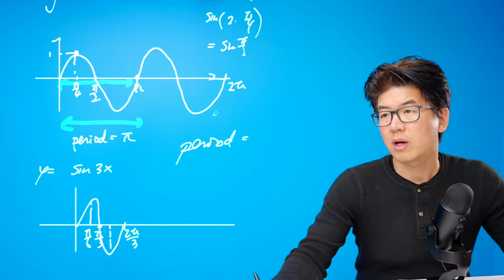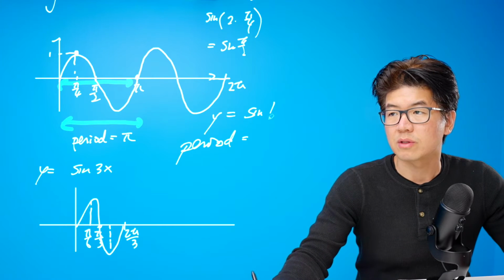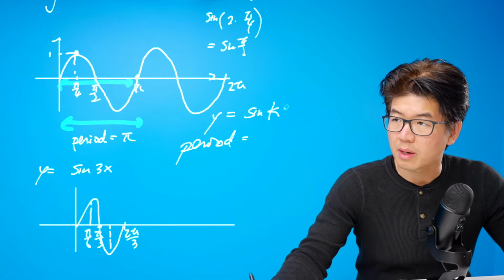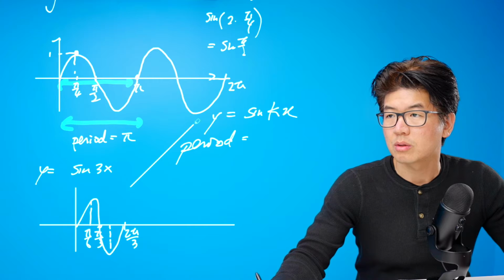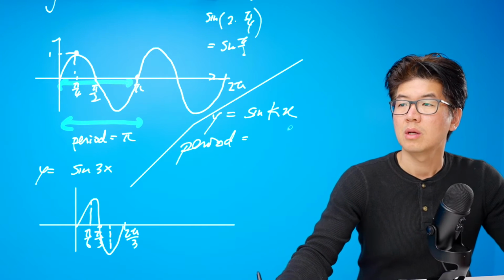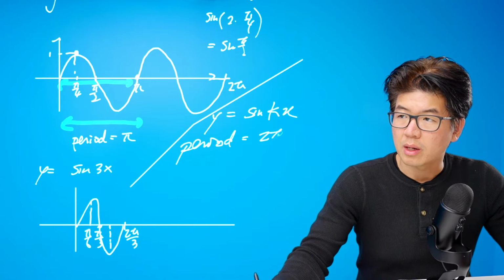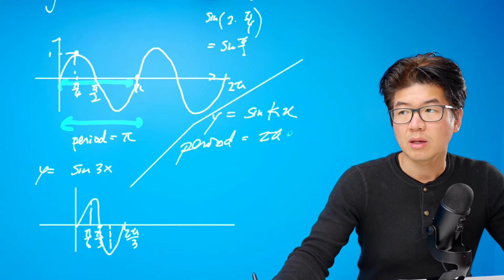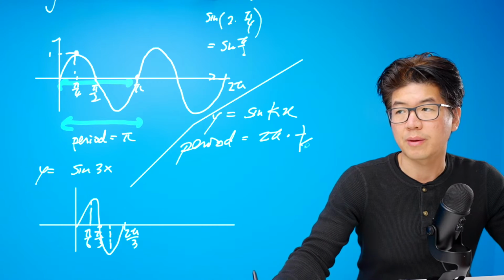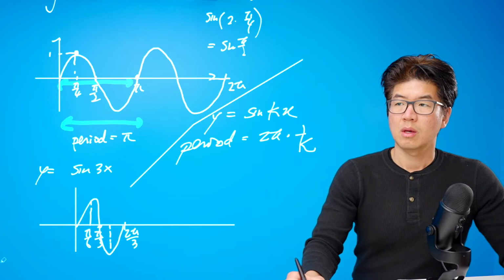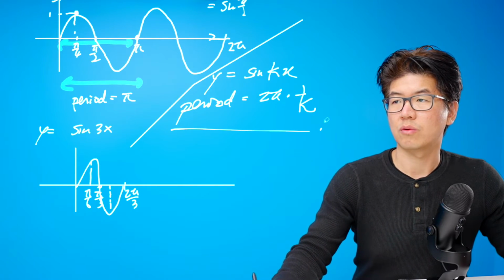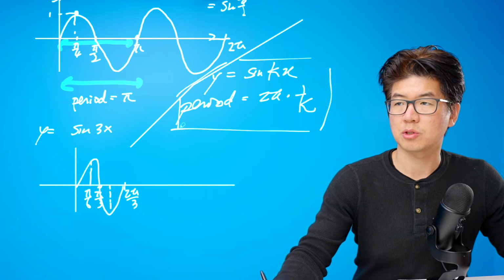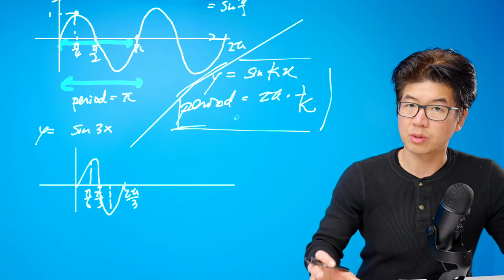If you have y equals sine of kx, period is going to be 2 pi divided by k, or times by 1 over k. There's a reason why I put 1 over k. You should make a special box around that and make that a separate note, okay?